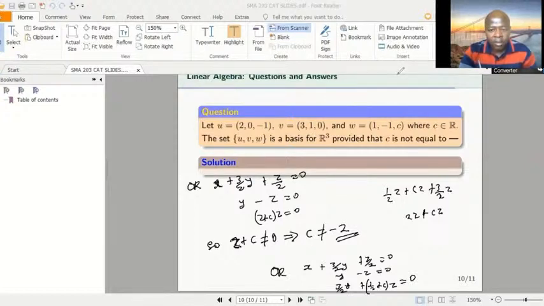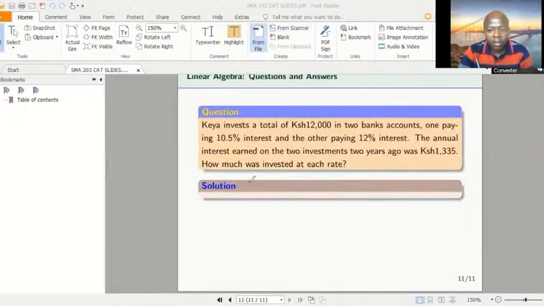Let's look at the next question. Now, let's look at this other question. It tells us, Kenya invests a sum of 12,000 Kenya shillings in 2 bank accounts.